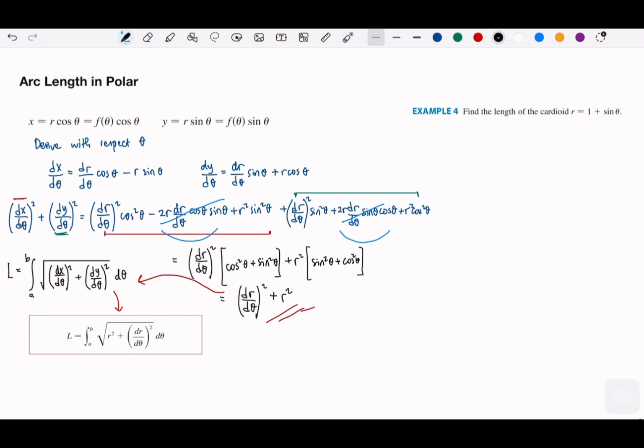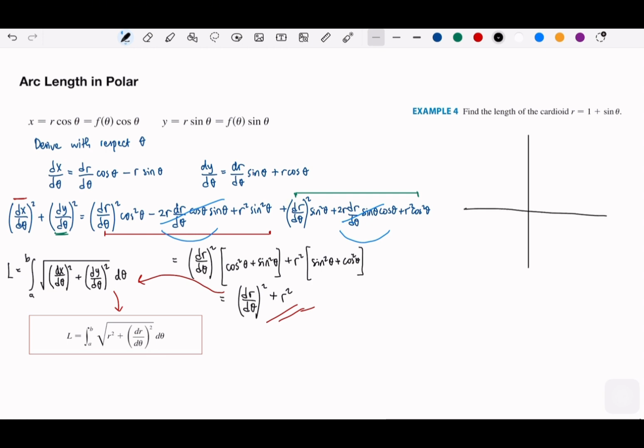If you want to draw the cardioid, it's okay, you can draw to help. But if you know how and you would like to just compute the exact length of the curve, then you can go ahead. Sometimes if you're familiar with the curve, it will be a straightforward question, so you can just answer it.